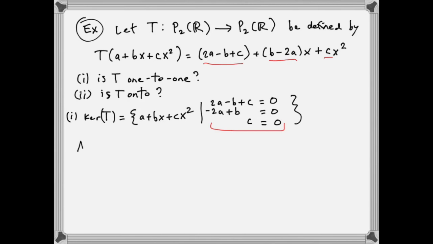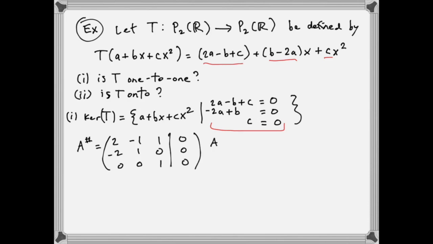When you do the augmented matrix for this system, we get the following matrix: 2, negative 1, 1, 0; negative 2, 1, 0, 0; and 0, 0, 1, 0.